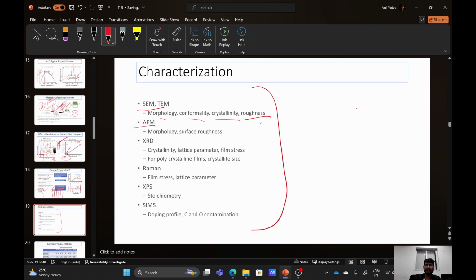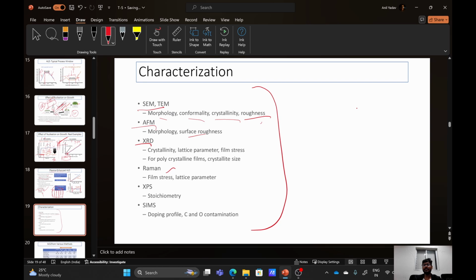In AFM you can check the morphology and surface roughness, whether it is following the same morphology as it was previously on the substrate. Okay, XRD, the crystallinity or lattice parameters that you can see, whether the film that you have deposited is crystalline or polycrystalline.